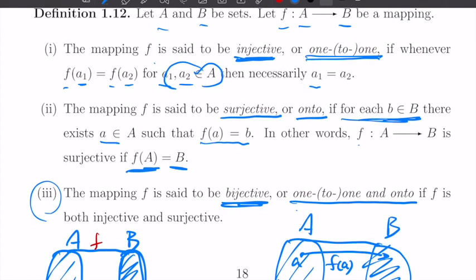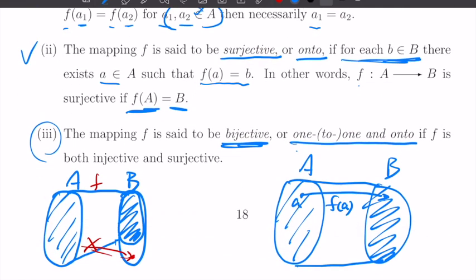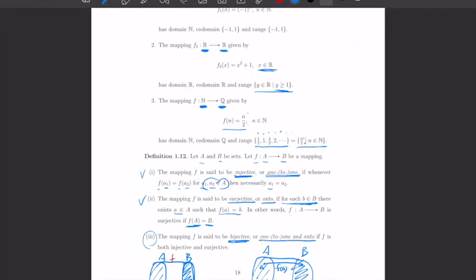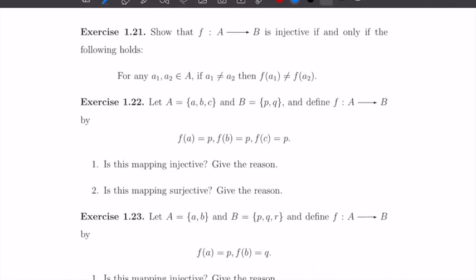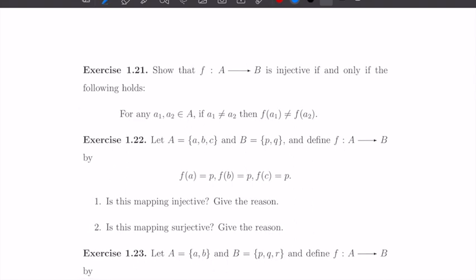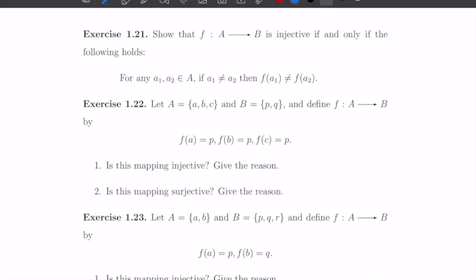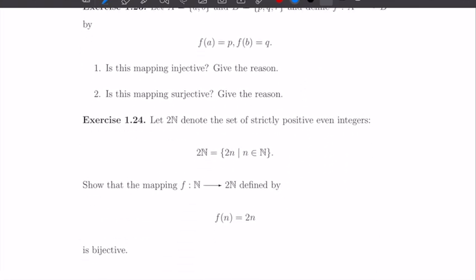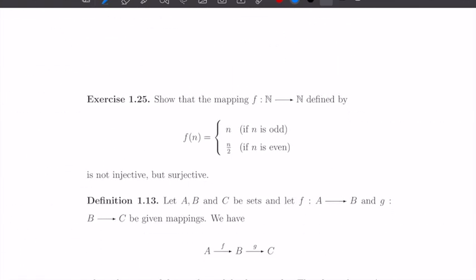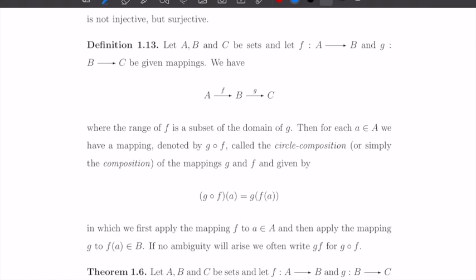If the mapping satisfies this and this, then it's bijective. So here are some exercises. Any questions? No? Okay.